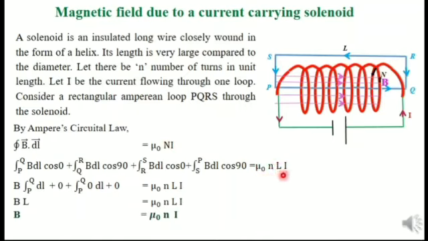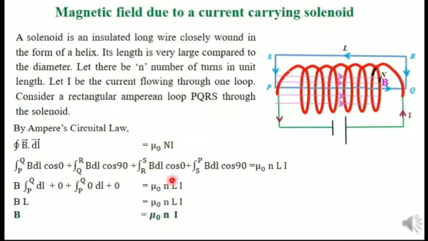Since the magnetic field inside the solenoid is constant, first term becomes B integral P to Q dl plus, since cos 90 equals 0, second term is 0 plus, since magnetic field outside the solenoid is very small compared to inside the solenoid, B equals 0.